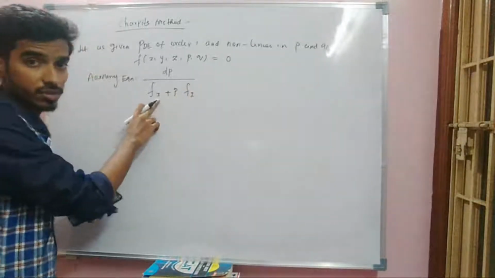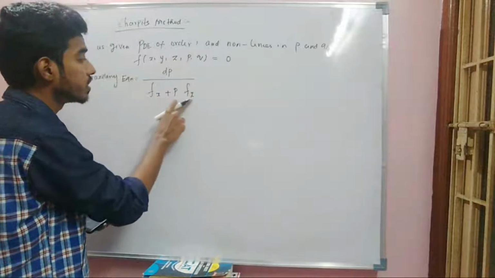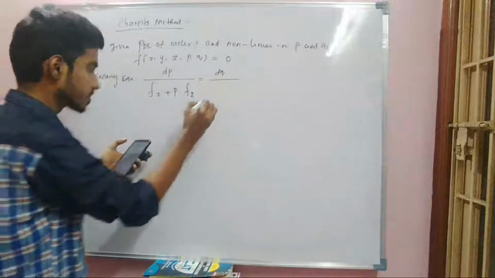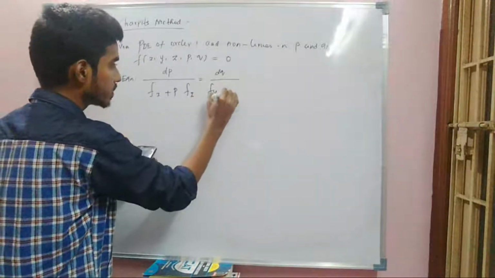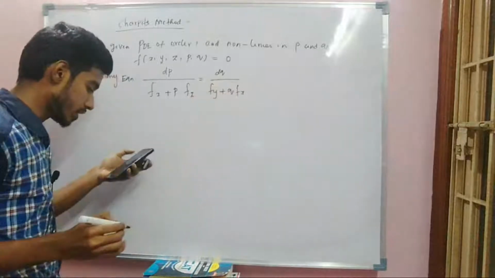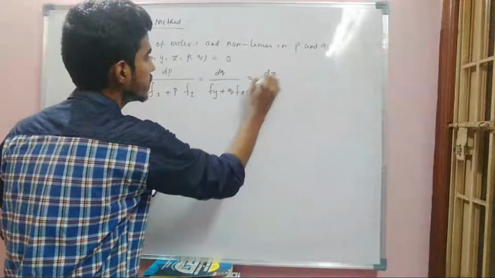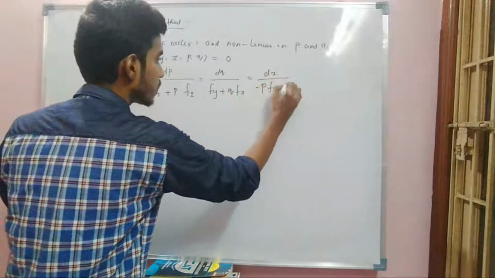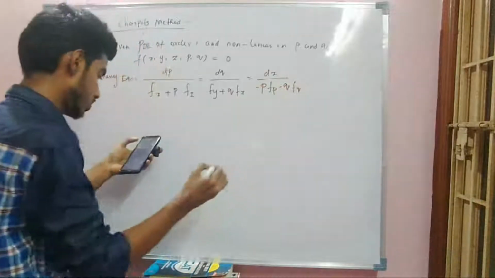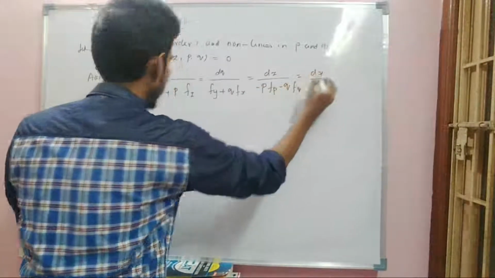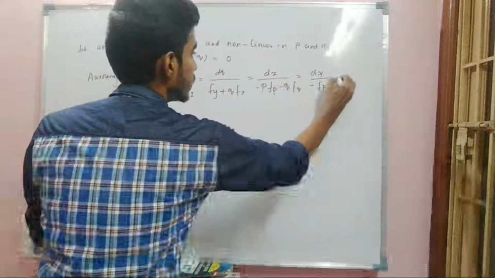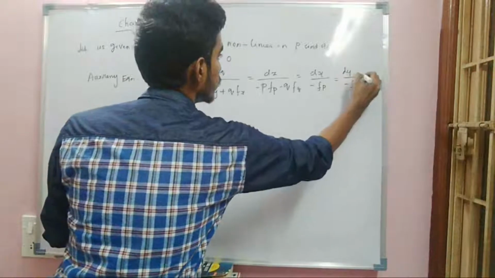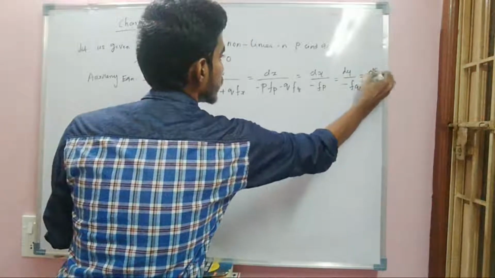Here fx means we differentiate this function with respect to x, and fz with respect to z, and then you multiply by p. Then dq divided by fy plus q fz is equal to dz divided by minus p fp minus q fq is equal to dx divided by minus fp is equal to dy divided by minus fq is equal to df divided by 0.